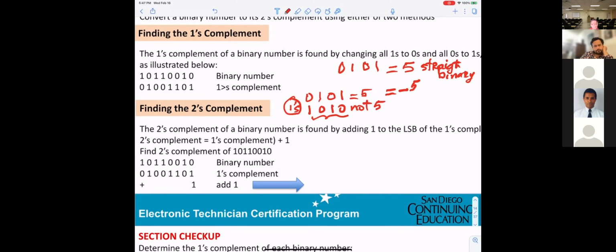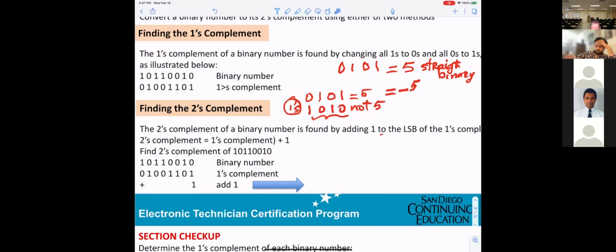And now it's a second complement. The second complement of a binary number is found by adding 1 to the first complement. Easy. They want to find the second complement of 1 0 1 1 0 0 1 0. First thing, this is the binary.